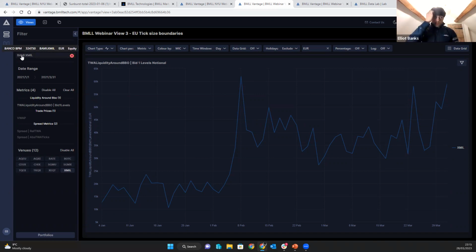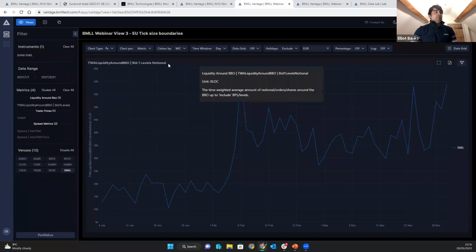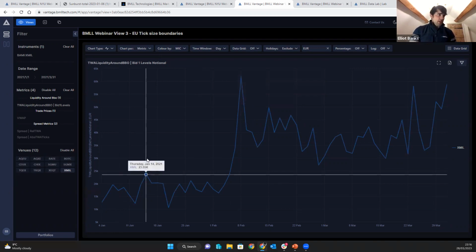It's a liquid stock. It's one of the top end stocks in Italy, and I've got here basically the average notional sitting on the best bid over the day. And this is a couple of years ago. You'll see why in a second. There's a specific reason for that.